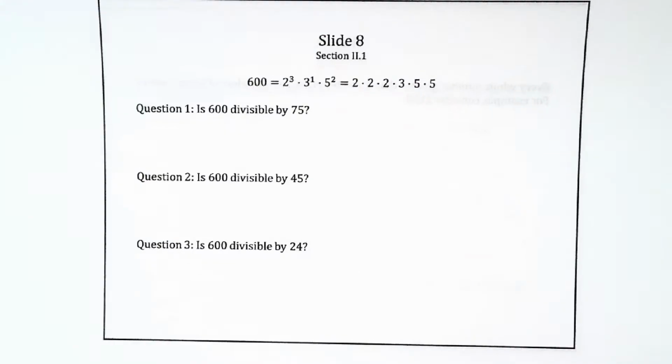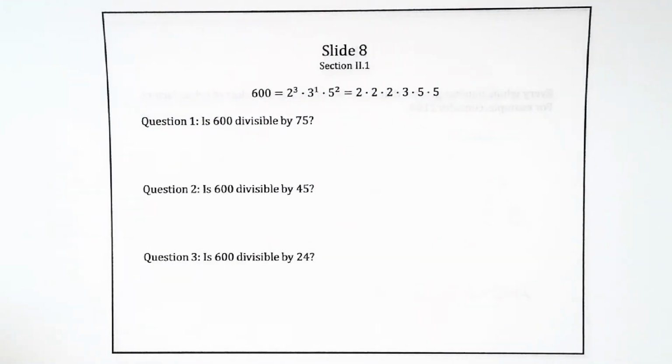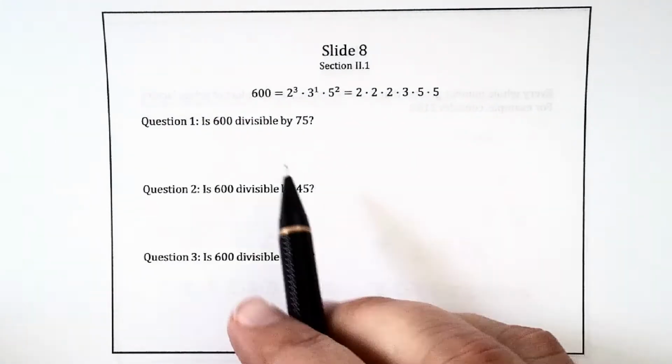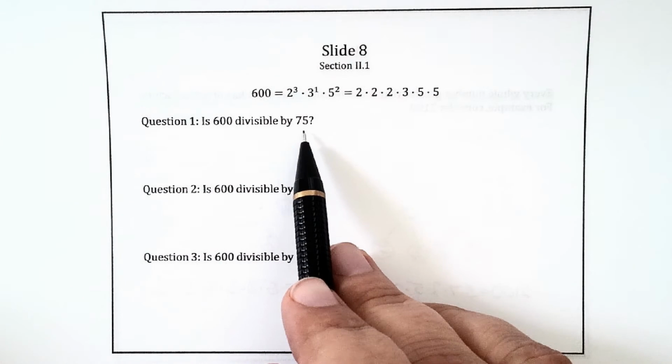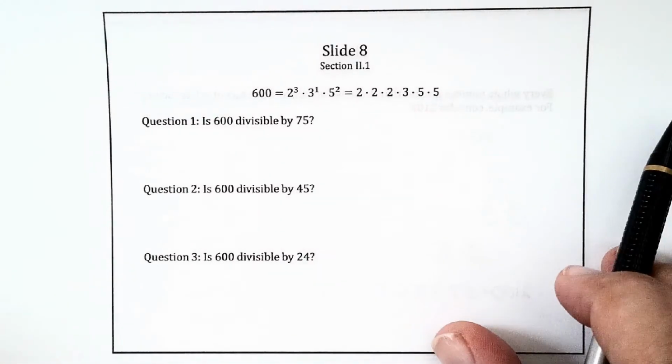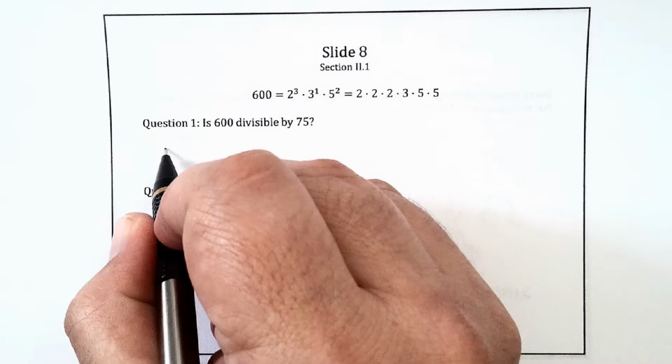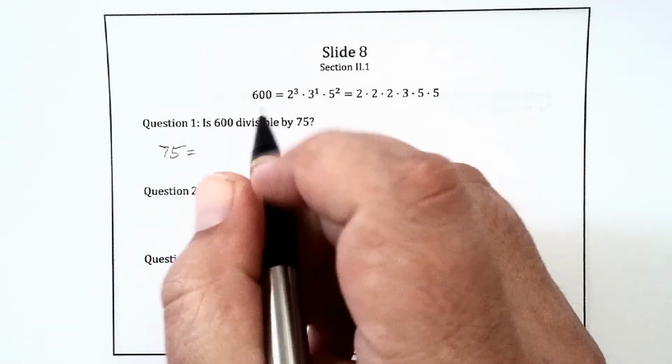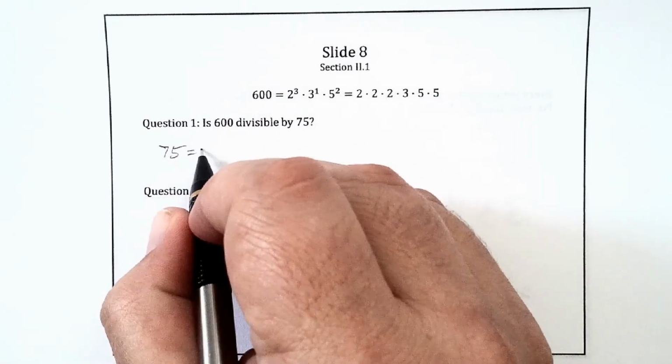For example, is 600 divisible by 75? To answer this, I don't want to perform the division by hand. I don't want to use a calculator or long division or anything like that. I just want to use the prime factors. 75 has the prime factorization 3 times 5 times 5.